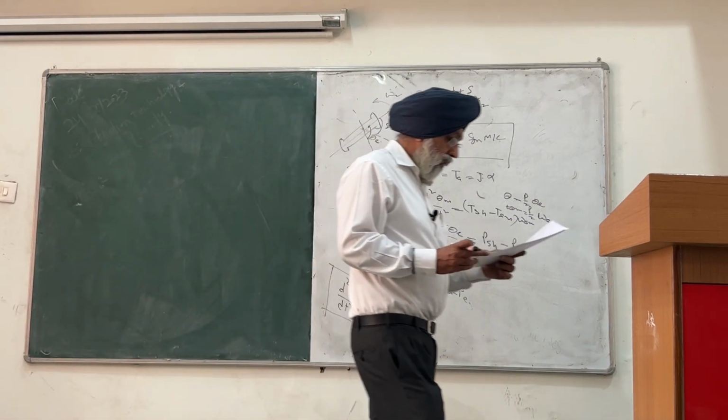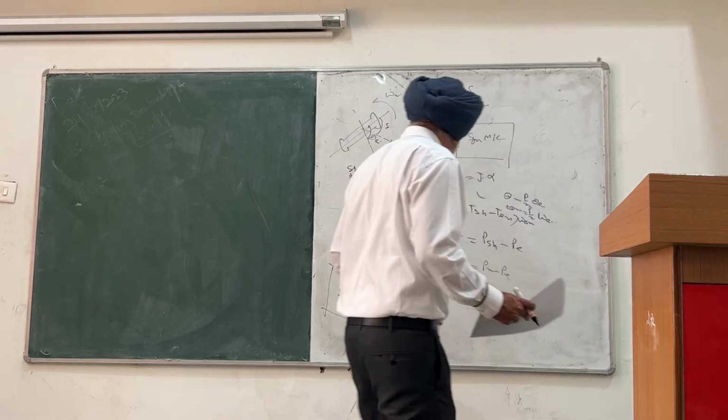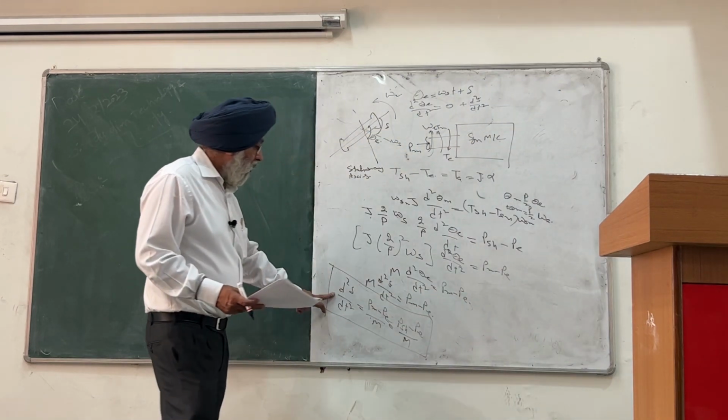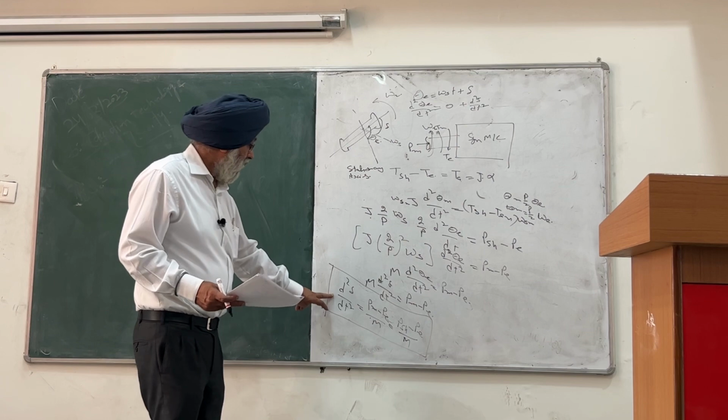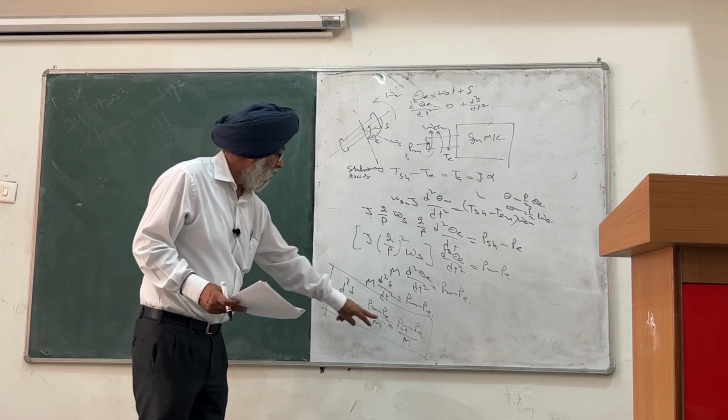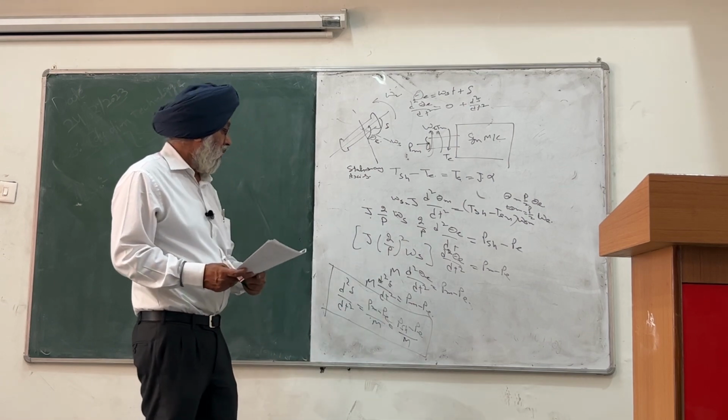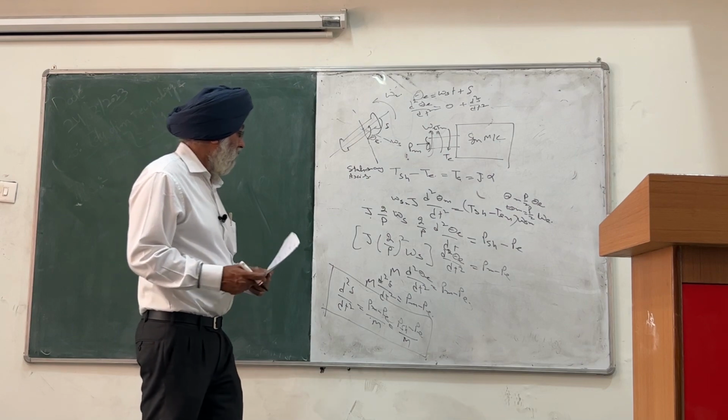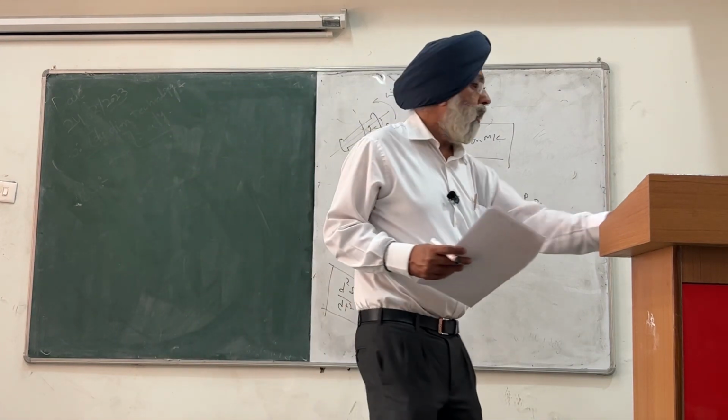From this equation, this is equal to alpha, or we can say M alpha is equal to Psh minus Pe.